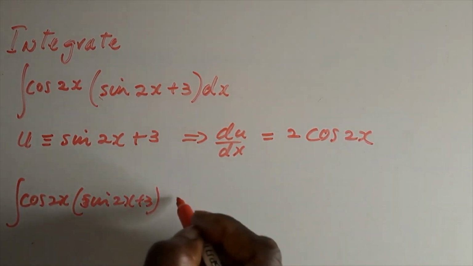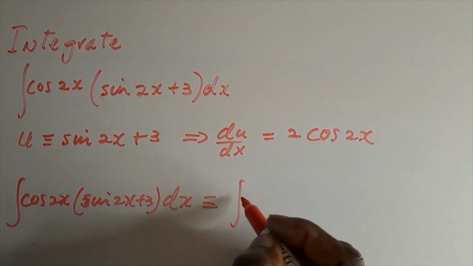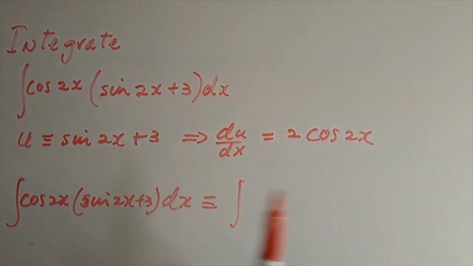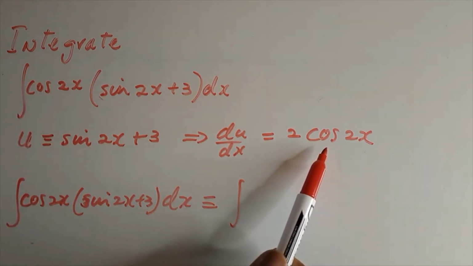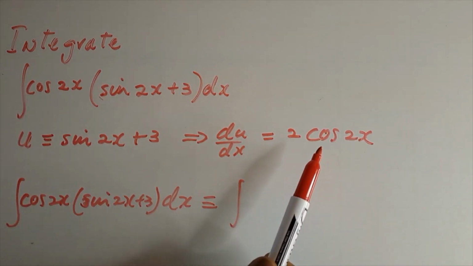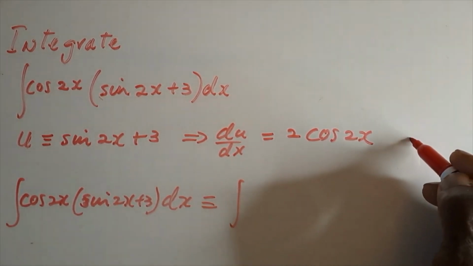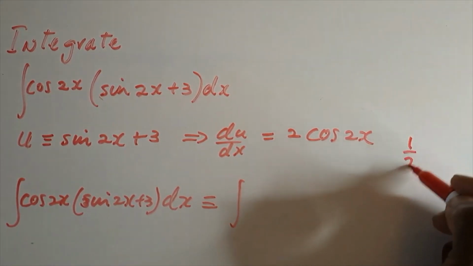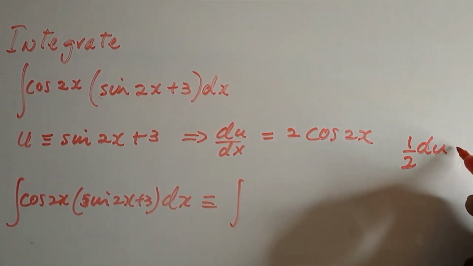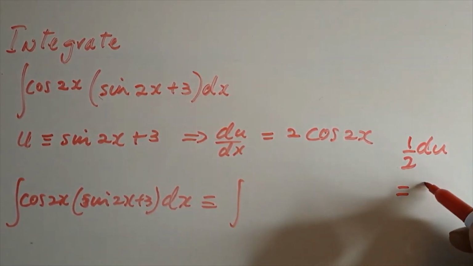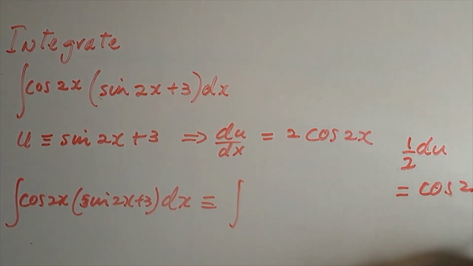sine squared of 2x add 3 times cosine 2x dx as now the integral. Now we have to substitute for cosine 2x. If we rearrange this, we'll have 1 over 2 du, which is equal to cosine 2x dx.